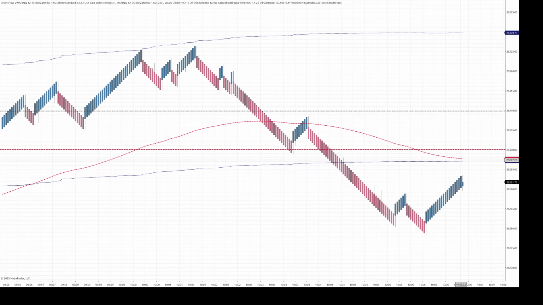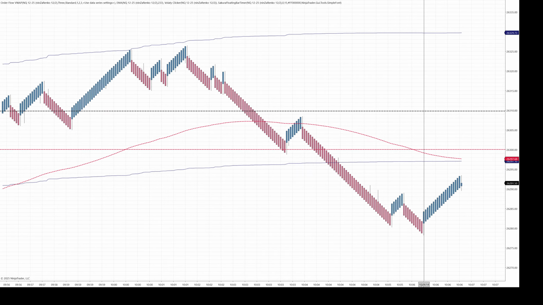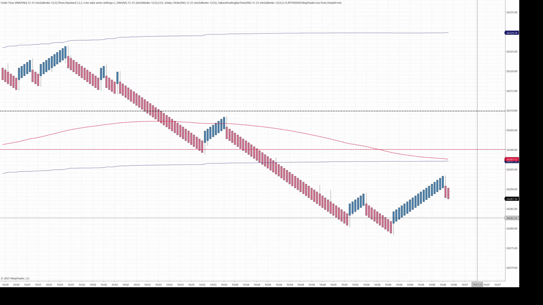Okay, we're approaching this potential zone here that I'm looking to retest and fail.